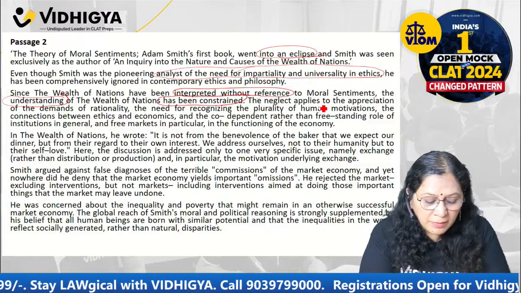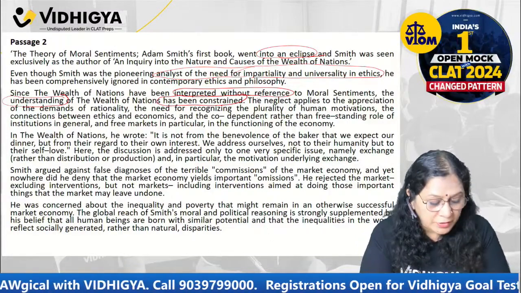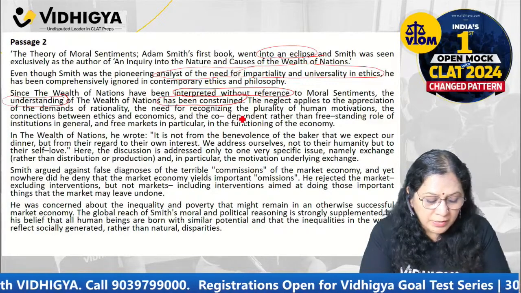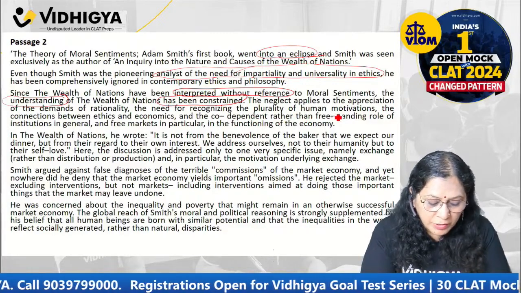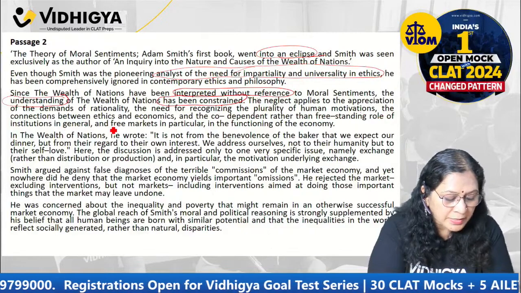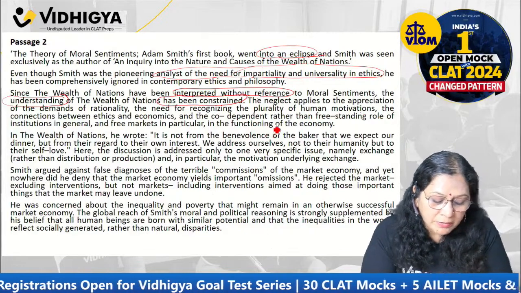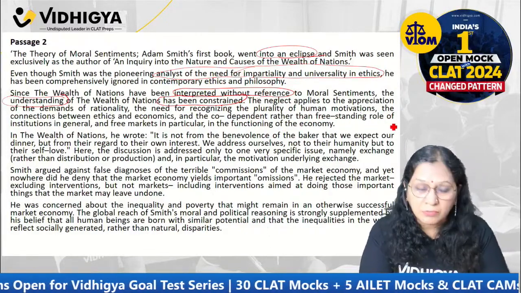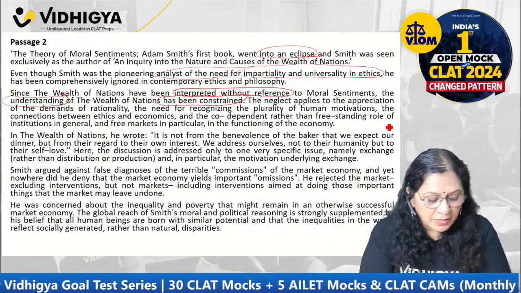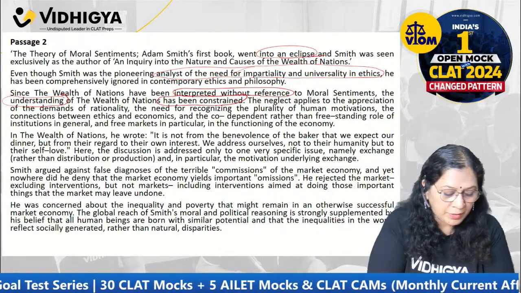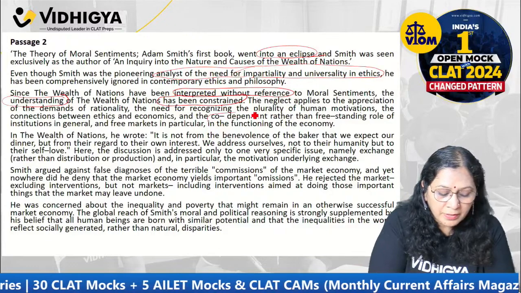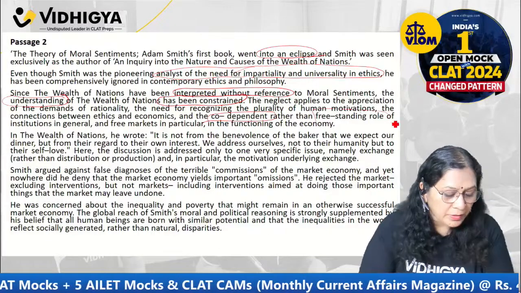This neglect applies to the appreciation of the demands of rationality, the need for recognizing the plurality of human motivations, the connections between ethics and economics, and the codependent rather than freestanding role of institutions in general and free markets in particular in the functioning of the economy. Right? Codependent rather than the freestanding role.